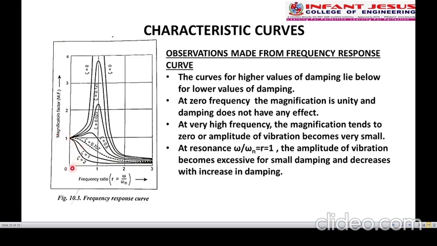At higher frequency, the magnification tends to 0. Or we can say the amplitude is very small, so it tends to 0 amplitude. The amplitude of vibration becomes very small when magnification tends to 0.